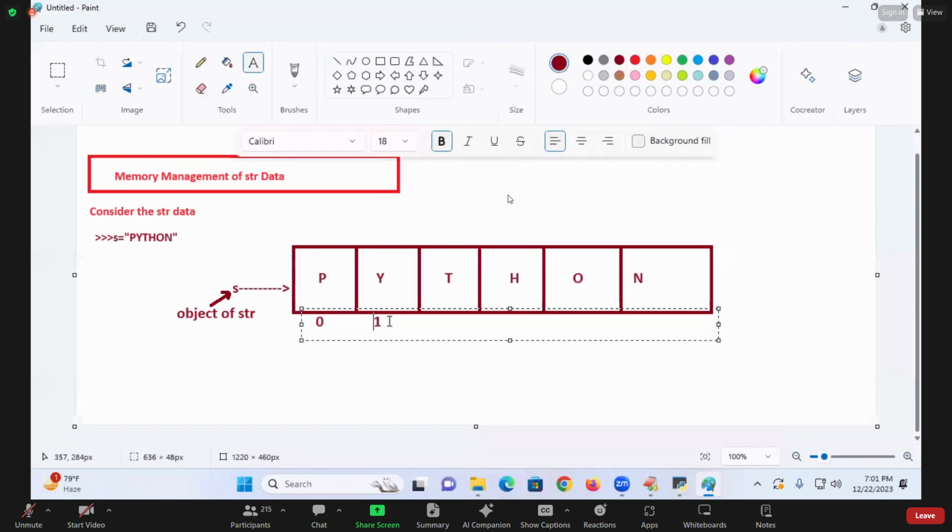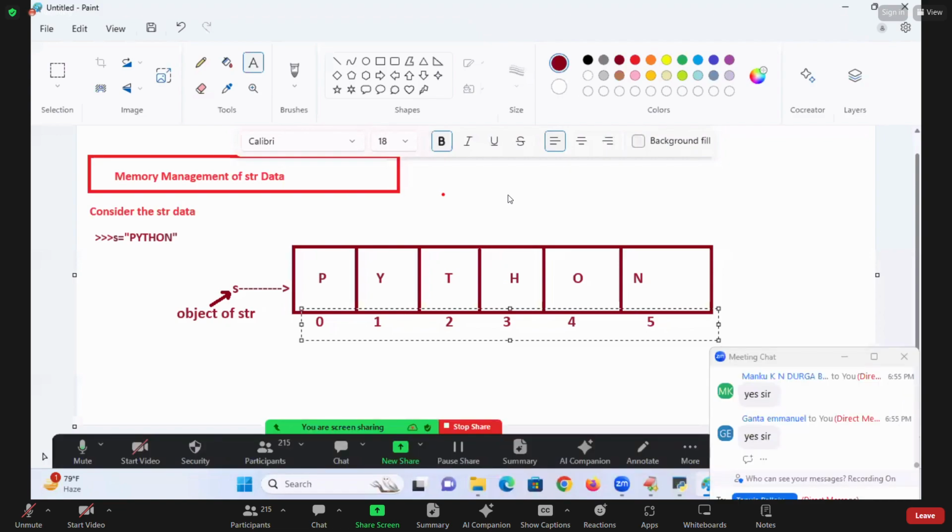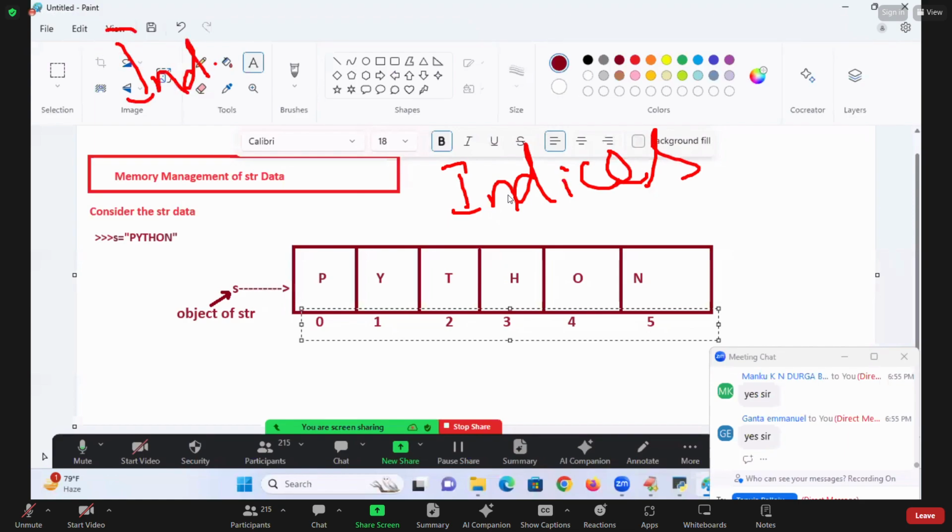This is so easy, you will also feel it is easy. These are called indices. Spell it out. In Indian English, we call it indexes.